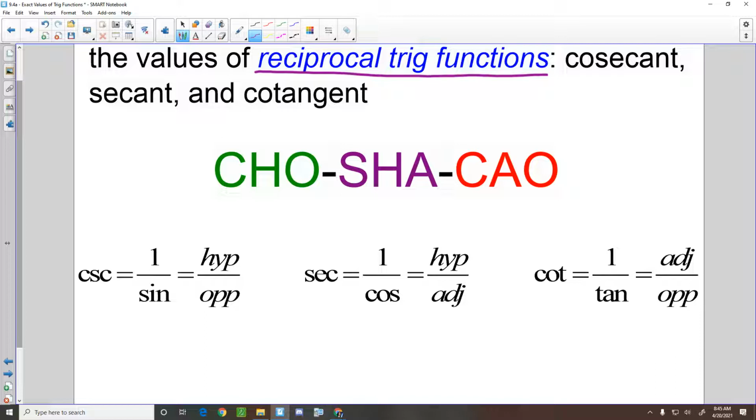So the cosecant of an angle is just the reciprocal of the sine at the angle. So instead of the sine, it's 1 over sine. That's what the reciprocal means. You're just flipping it. And since the sine of an angle was the opposite over the hypotenuse, then the cosecant is the hypotenuse over the opposite. You're just flipping the numerators with the denominators.